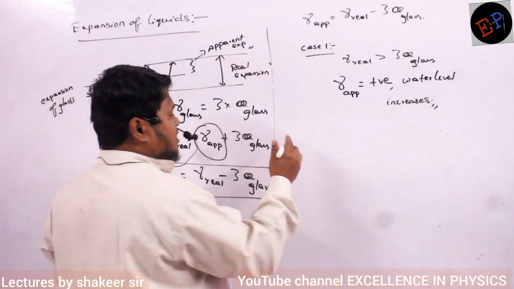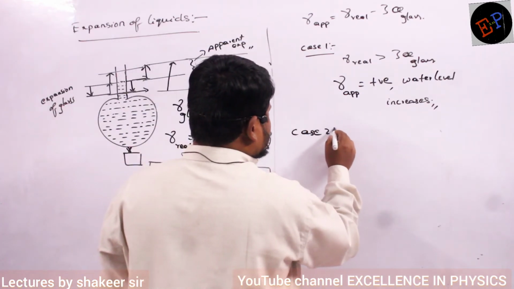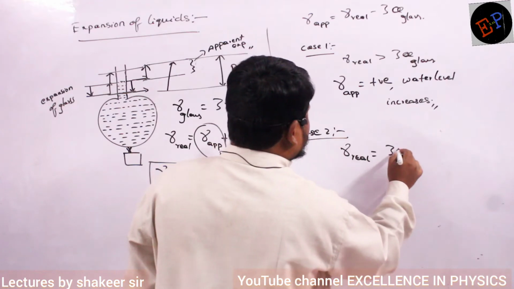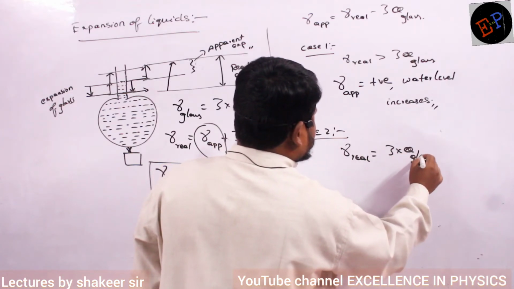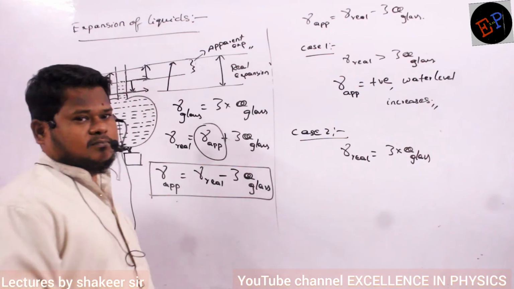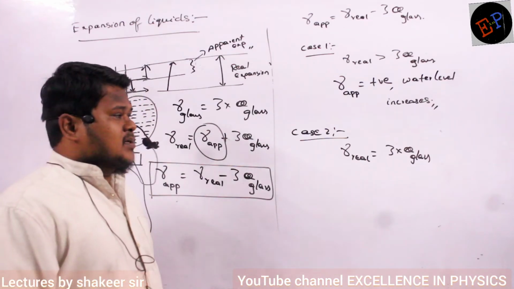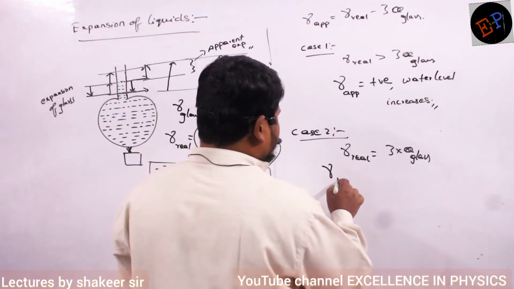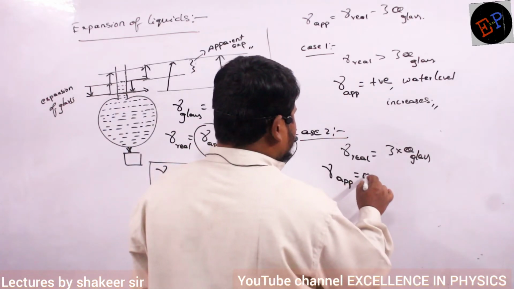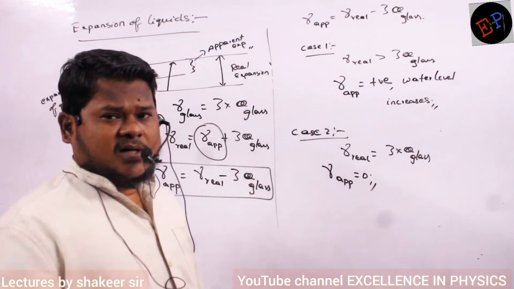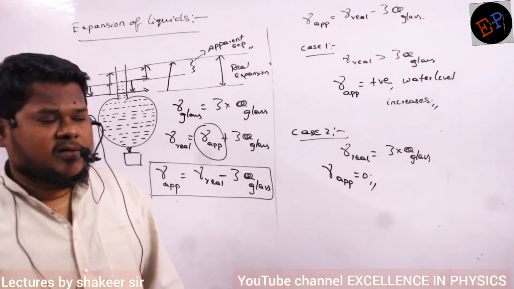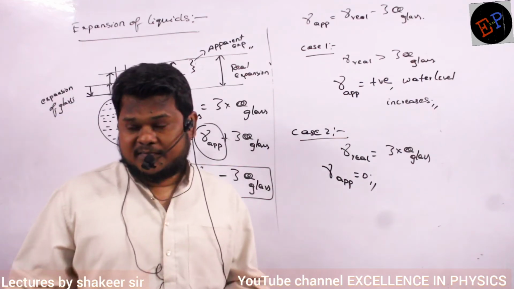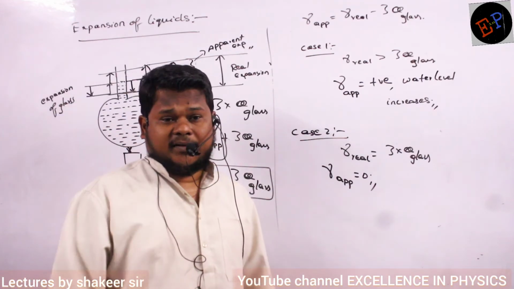Okay. Case number 2 is when gamma real is equal to 3 times alpha of glass. Then what will happen? Gamma apparent will become 0, no? Gamma apparent becomes 0 means what? Whatever heat energy you supply, you can never see the water level increase or decrease, because both are expanding.